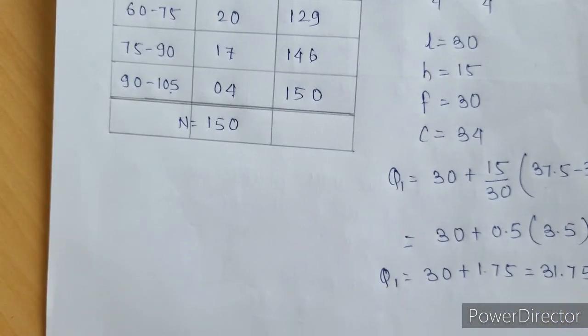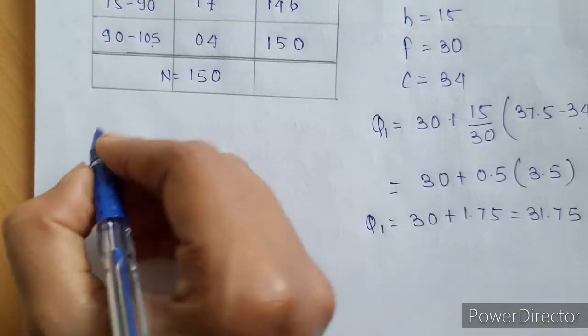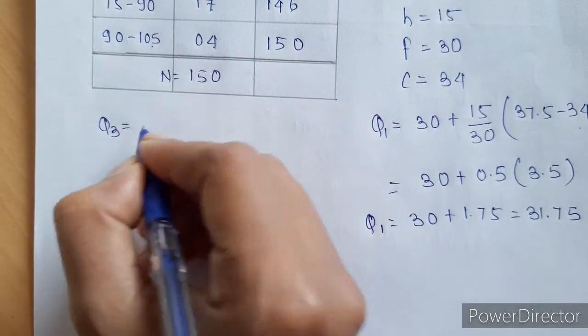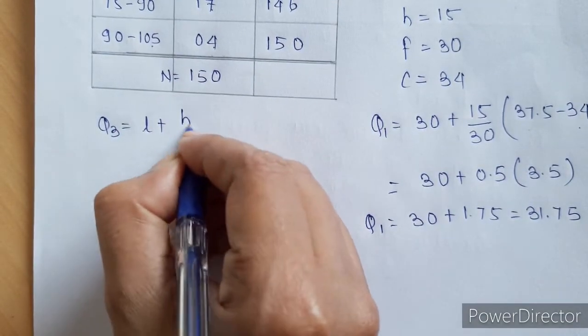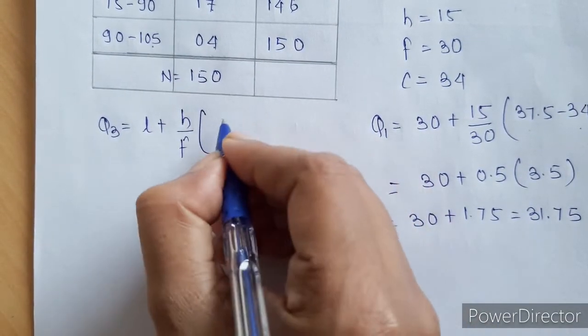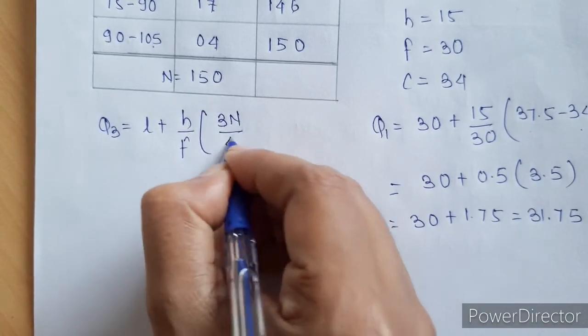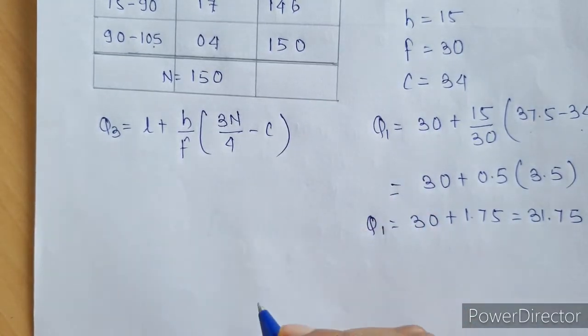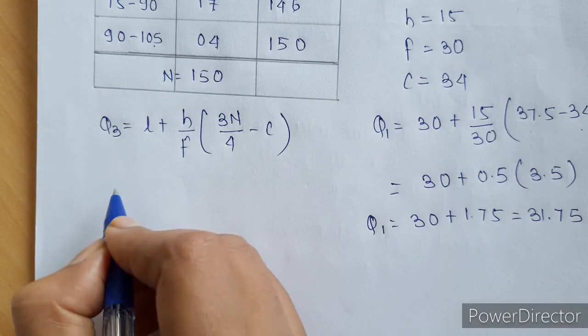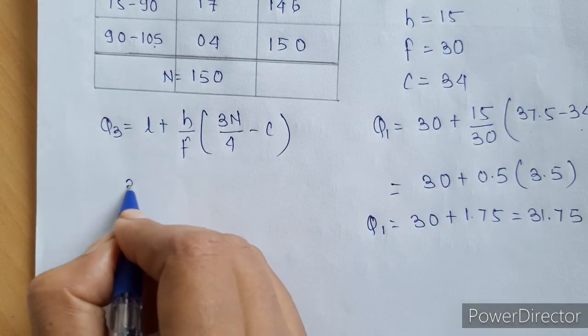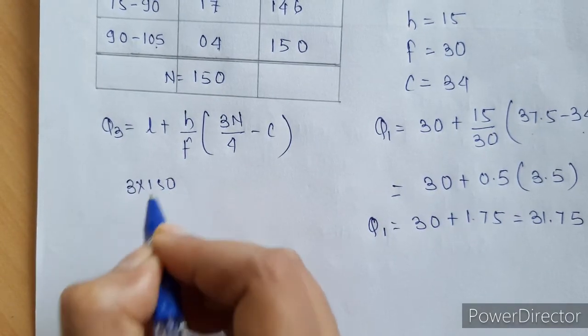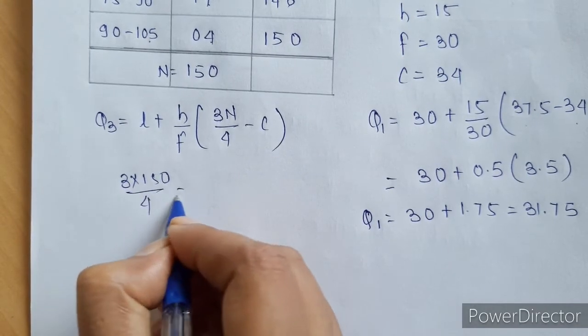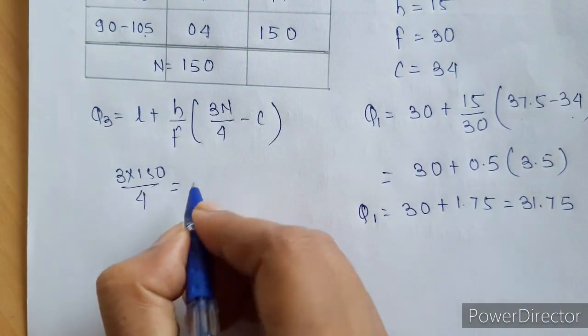Now we have to calculate Q3. In a similar way, L plus H upon F into 3 times n upon 4 minus cumulative frequency. So first we need to find 3 times n upon 4. It is 3 times 150 upon 4.